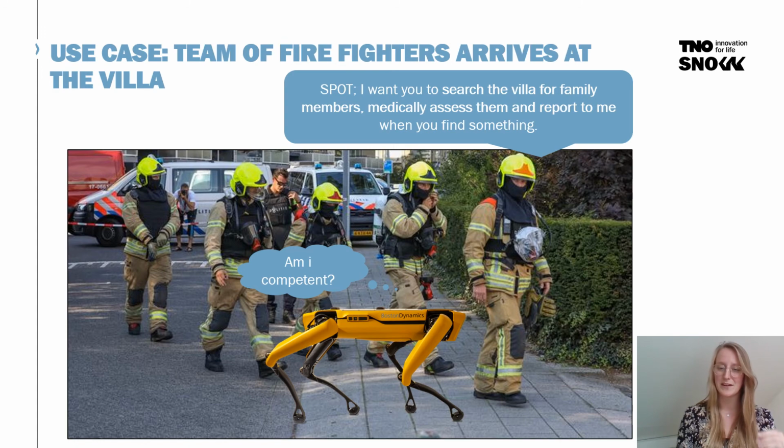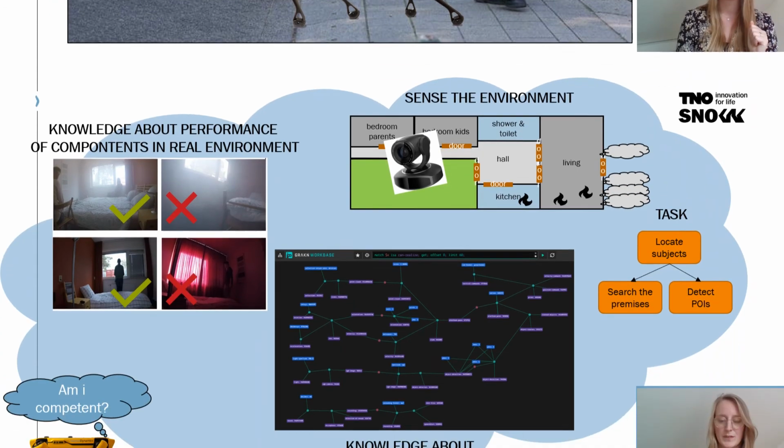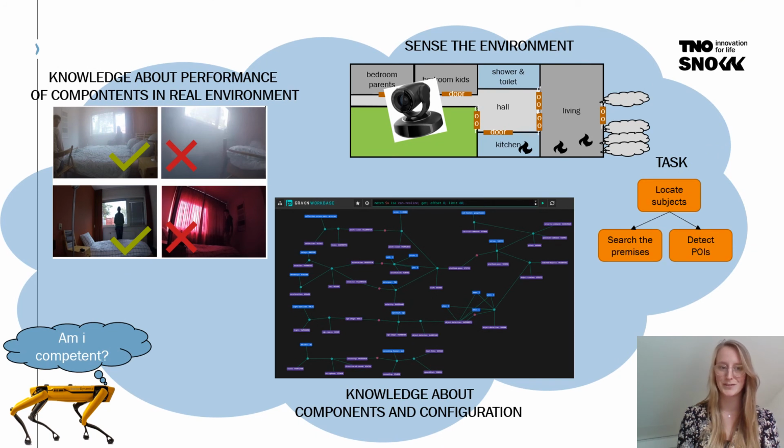And Spot was considering, okay, am I competent to do this task? While it gets the task, it reasons about its performance, the environment it will be executed in, and the actual task it has to execute, and combines its knowledge in the knowledge graph where it can reason about its competence using its performance model.